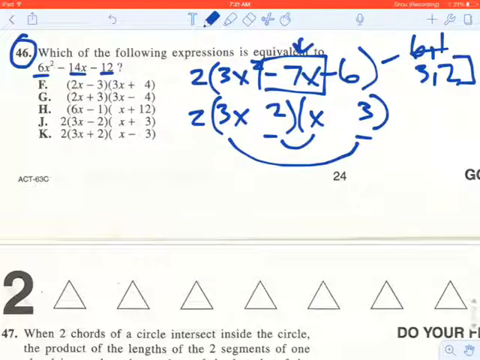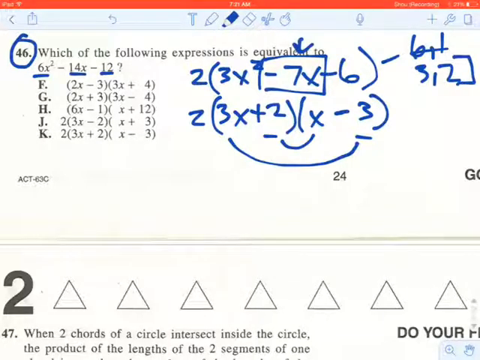Perfect. And we want this to be negative 7x. So we put the negative over here so that we get a negative 9x and a positive 2x. So negative 9x and positive 2x gives us negative 7x. And this will give us the proper factor.